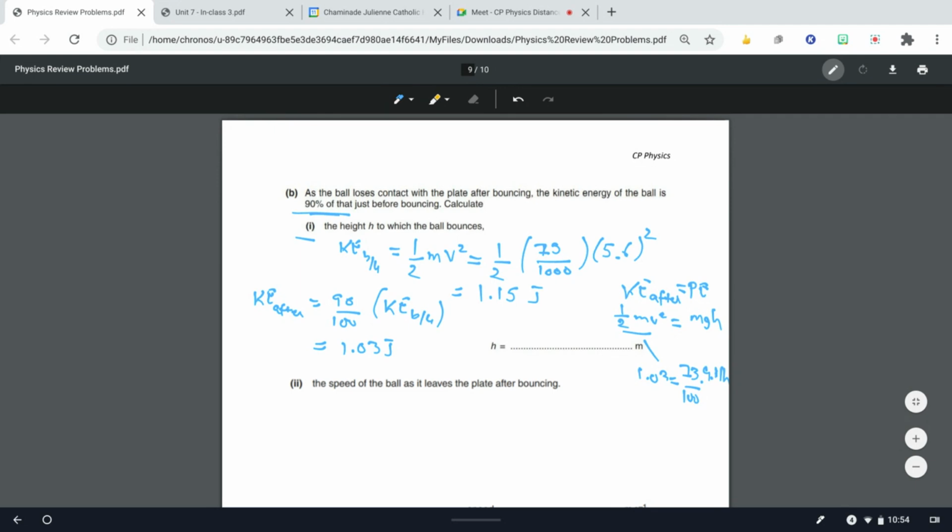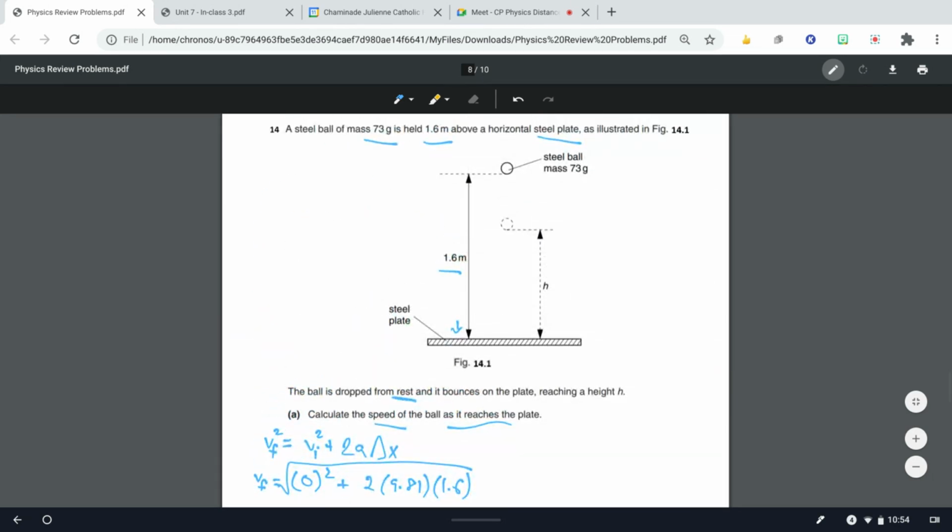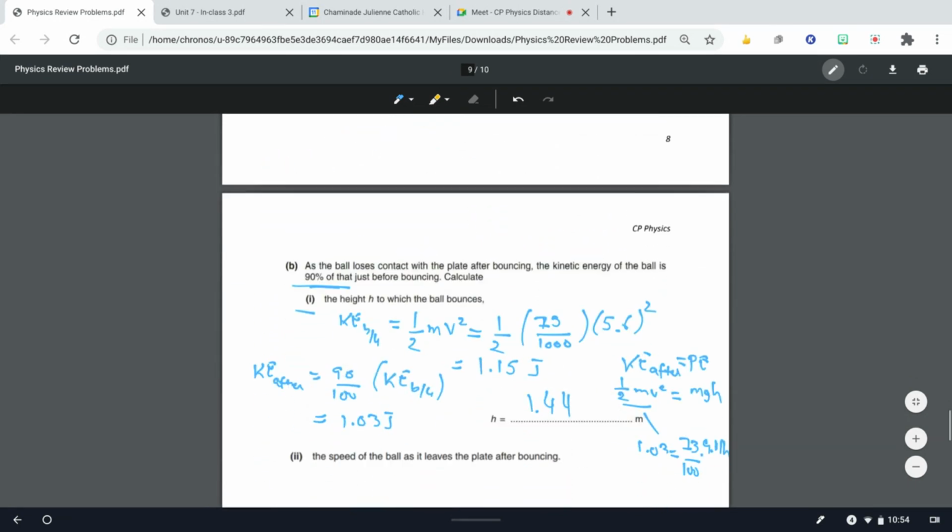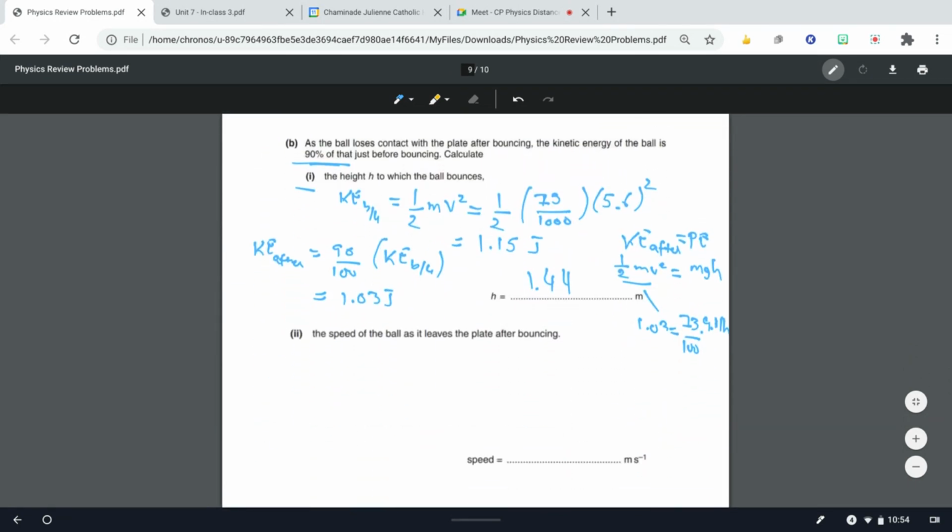So h is going to be equal to 1.44 meters, right? And it should be less than 1.6 meters, which it is. Does that make sense? Yeah.